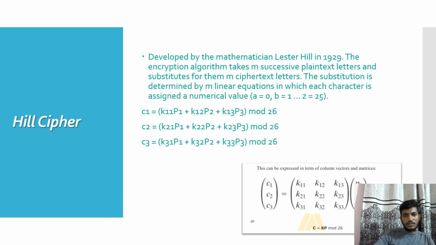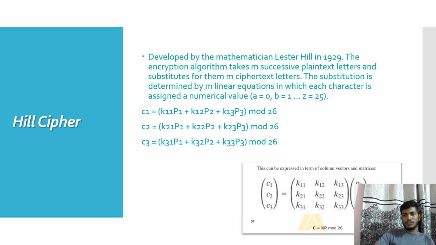Next, the Hill cipher, developed by the mathematician Lester Hill in 1929. The encryption algorithm takes m successive plaintext letters and substitutes for them m ciphertext letters. The substitution is determined by m linear equations, in which each character is assigned a numerical value.